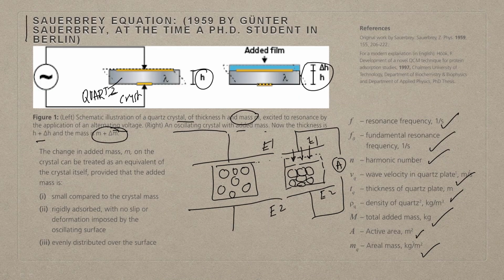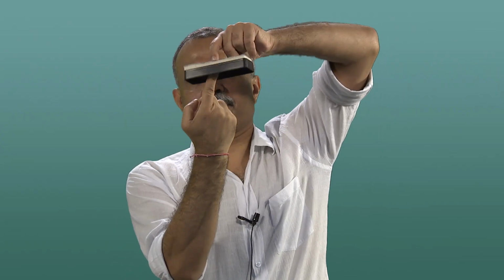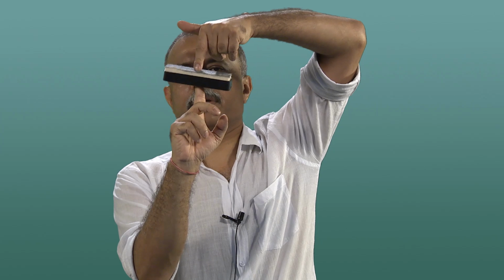So, say for example, first I showed the case of when you are compressing it. So, this is a case of compression, right. Now, say for example, instead of compressing, you apply a voltage across it, something like this. These are the two wires, my fingers are the two wires.